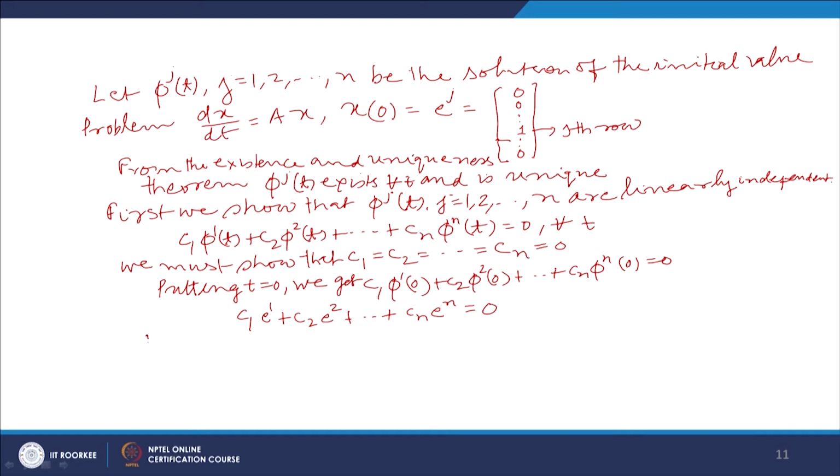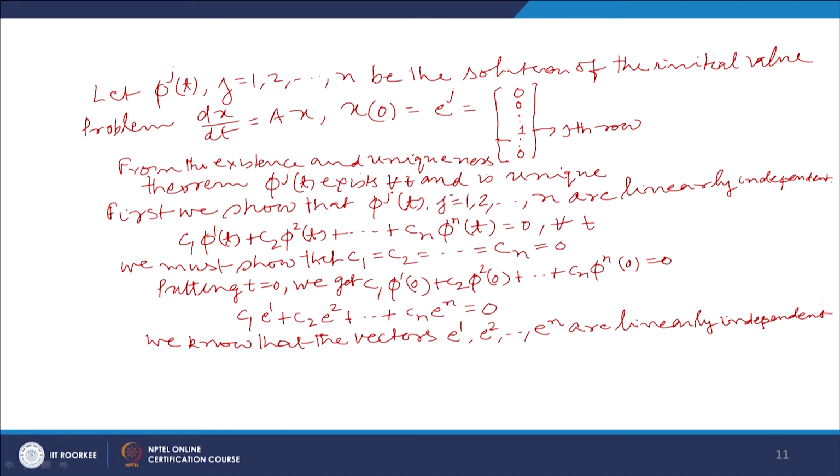Now, we know that the vectors E1, E2 and so on En are linearly independent vectors in Rn.